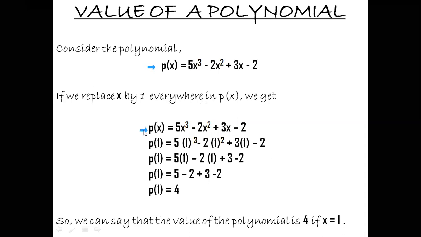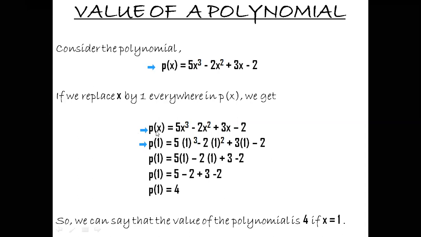So this was our question, that p of x is equal to 5x cubed minus 2x squared plus 3x minus 2. So all that I'm going to do is replace the value of x by 1. So wherever x was there, that is replaced by 1.